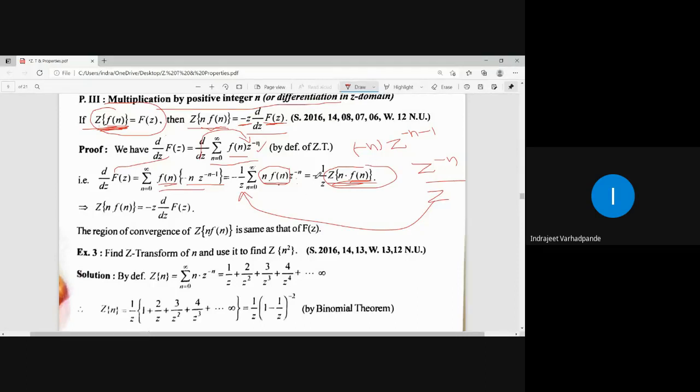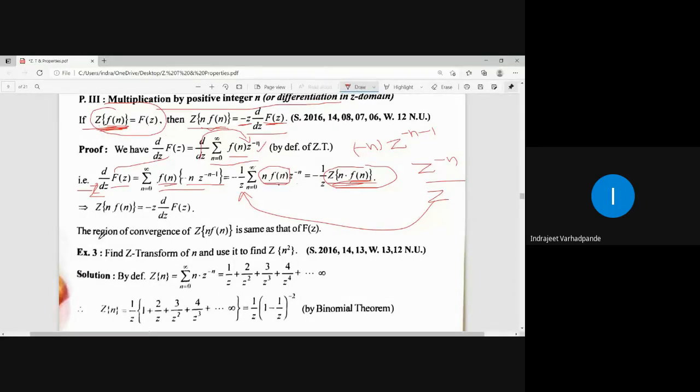So what result are you getting? Shift minus 1 by z to the other side, and minus 1 by z will become minus z over here. So minus z into d by dz of f of z is nothing but the z transform of n f of n.